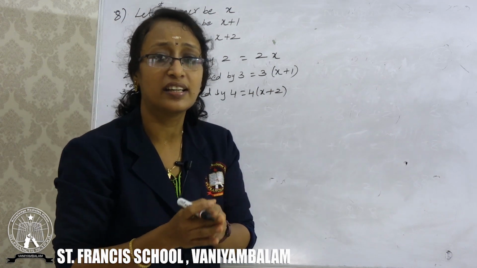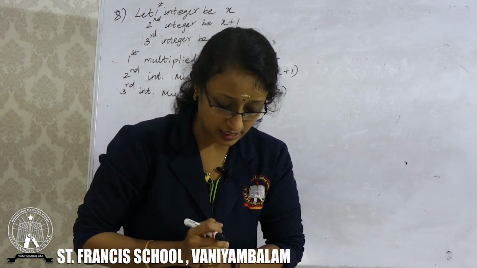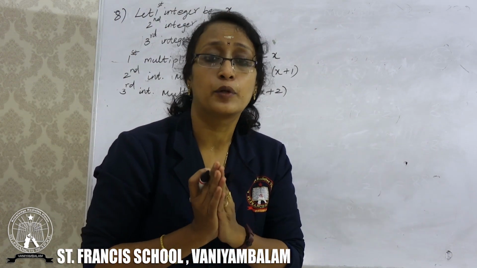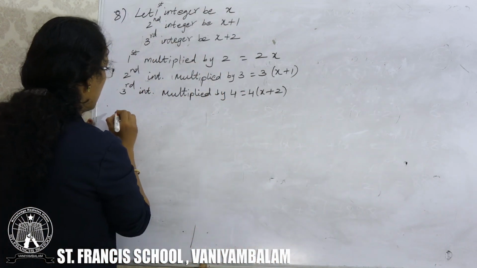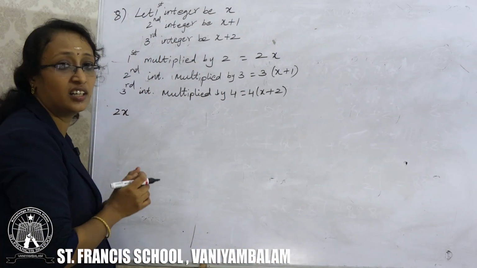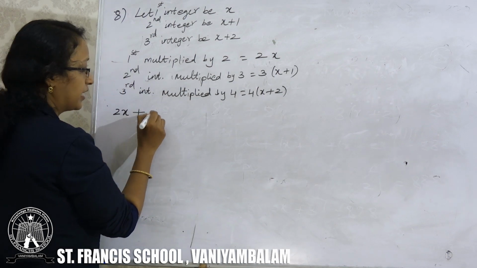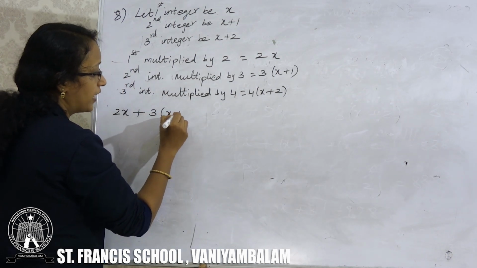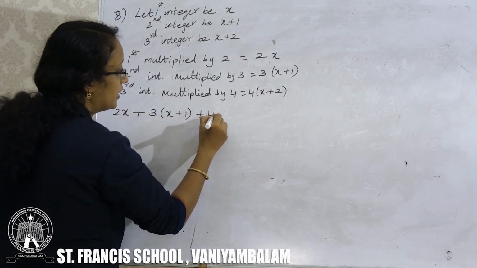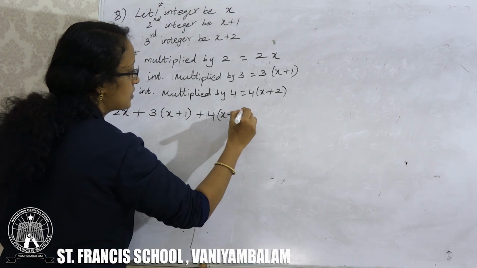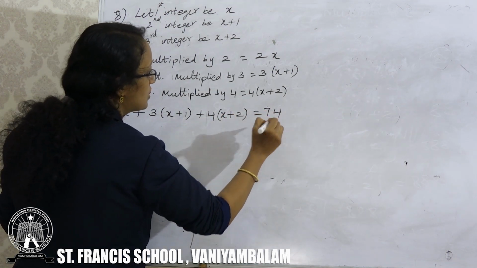So we got all the integers now, and it is given they add up to 74. So the first integer is 2x, the second integer is 3 into x plus 1, and the third integer is 4 into x plus 2, equal to 74.